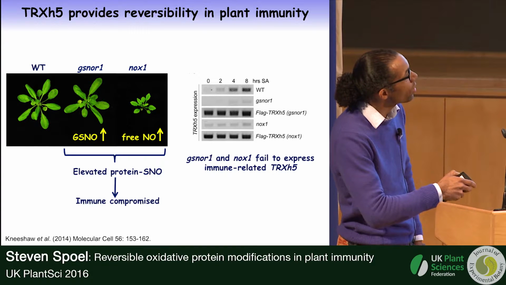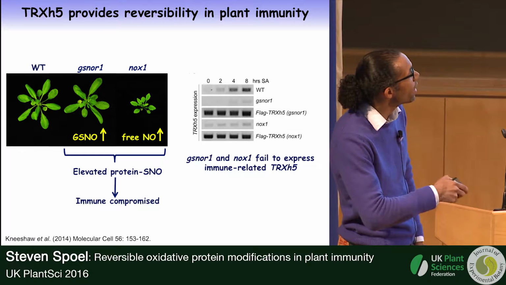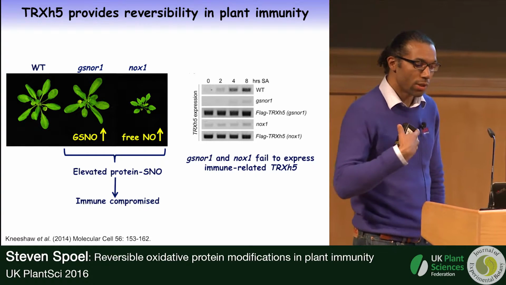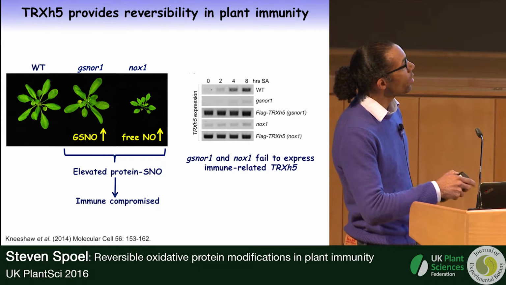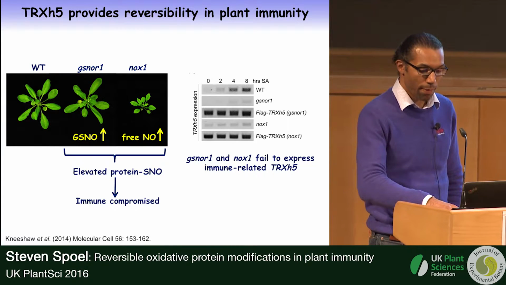However, in the GSNO reductase mutant and the NOX1 mutant, where they have these high levels of protein SNO, activation fails. So what we did is we brought back, under a 35S promoter, thioredoxin H5 in these two different backgrounds and observed what would happen.